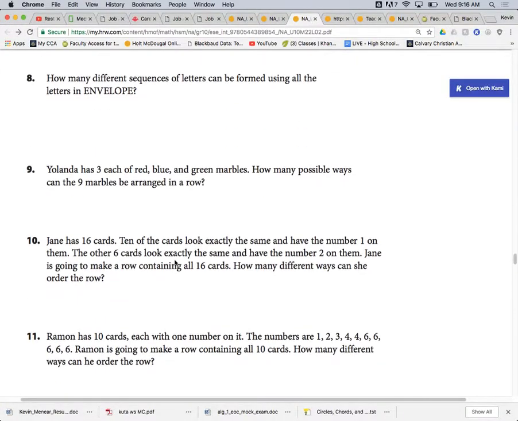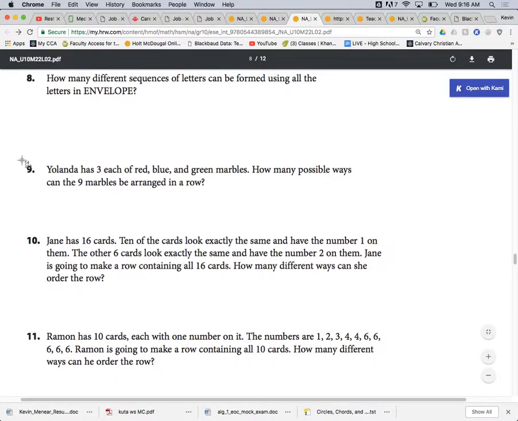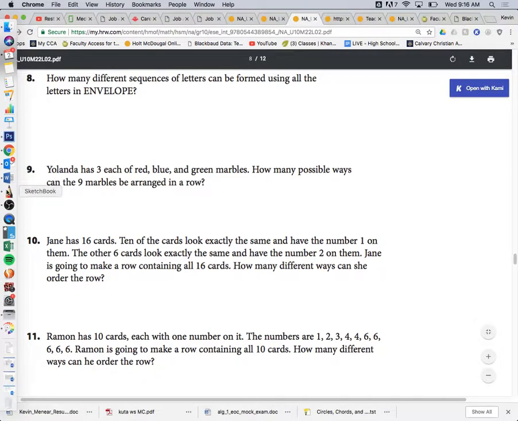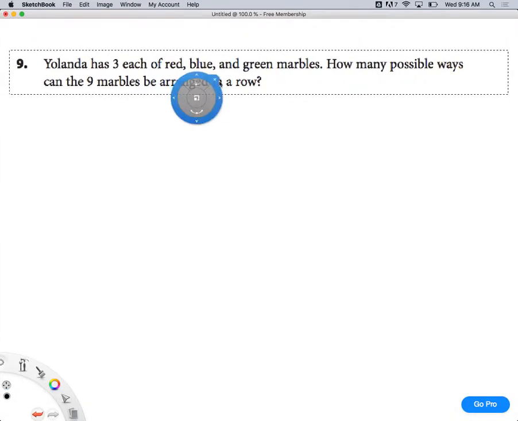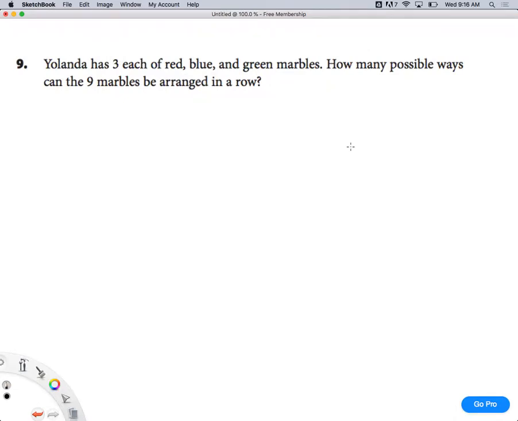Now, number 9. This is the one we started with yesterday. Yolanda has 3 each of red, blue, and green marbles. How many possible ways can the 9 marbles be arranged in a row? This is very clearly permutations with repetition. So how do I do permutations with repetition?